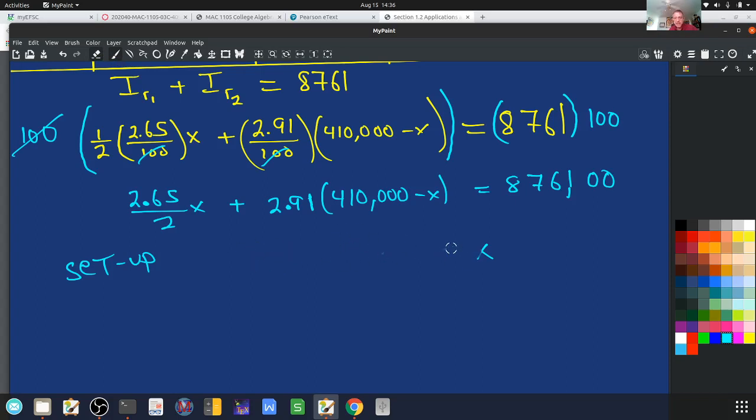So just getting it to this point right here, the setup, and multiplying everything through by 2, would be all I would care about if this were something on an exam. It probably won't be on an exam. And if you're doing homework and you see something like that, whip out your calculator. I'm okay with that. That's what they're for.